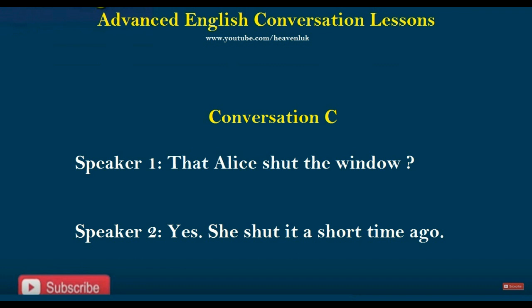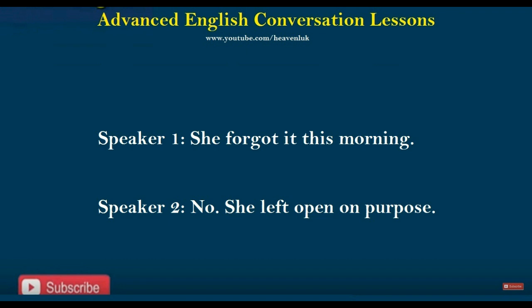Conversation C. Speaker 1. Did Alice shut the window? Speaker 2. Yes, she shut it a short time ago. Speaker 1. She forgot it this morning. Speaker 2. No, she left it open on purpose.